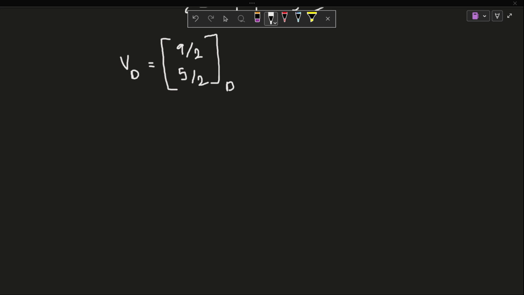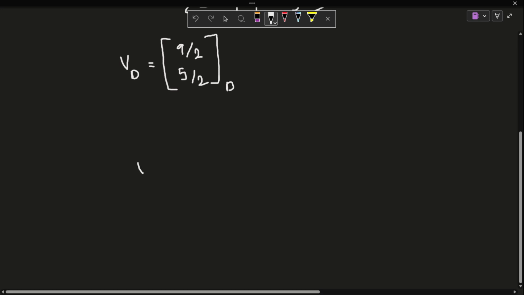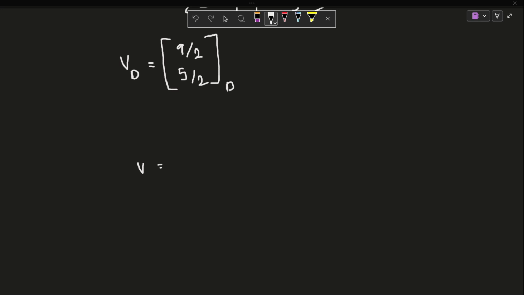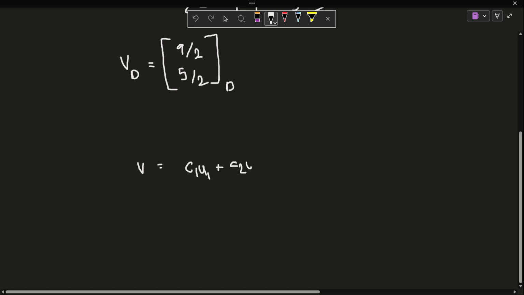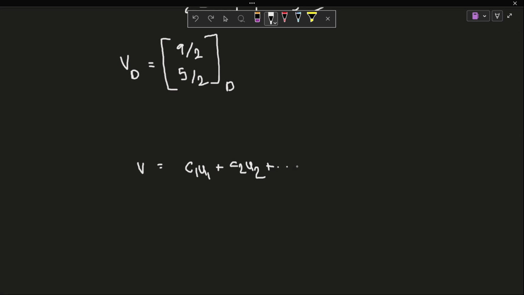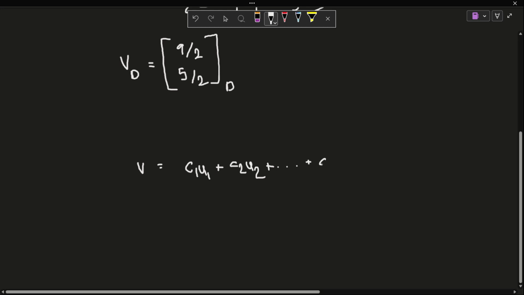Okay, and so the way we define our vector is by a set of linear combinations of the bases. So for C, we could say that c1u1 plus c2u2 all the way up to cnun.